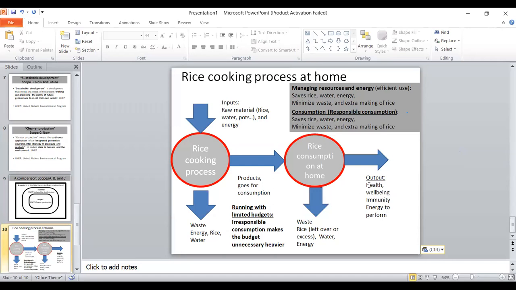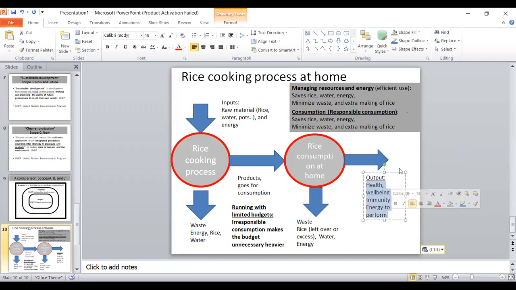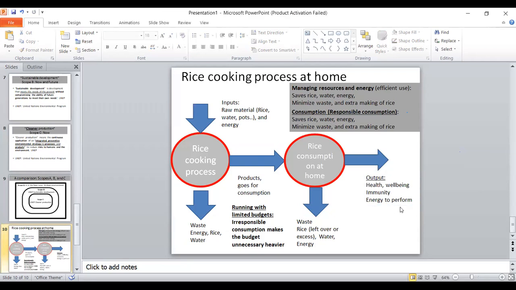Let's say output. If your health, well-being, immunity, and energy to perform, if you are receiving this in the best way, of course future generations will be too. Hidden facts.